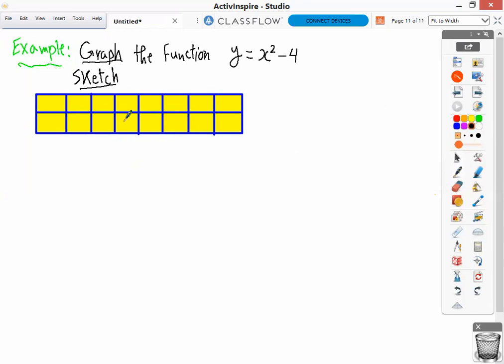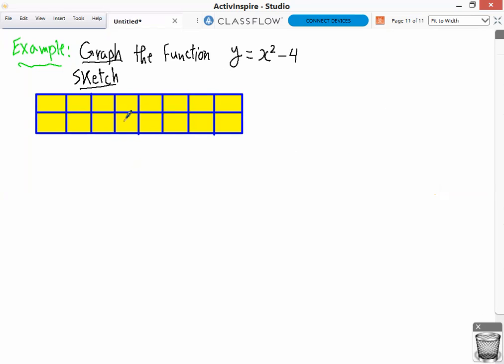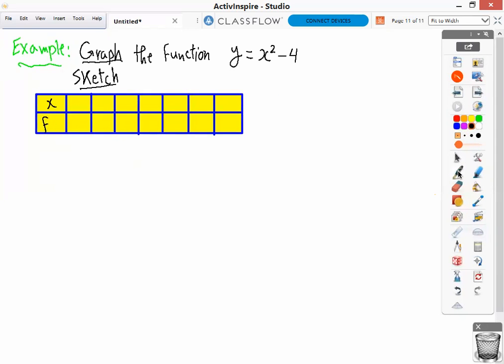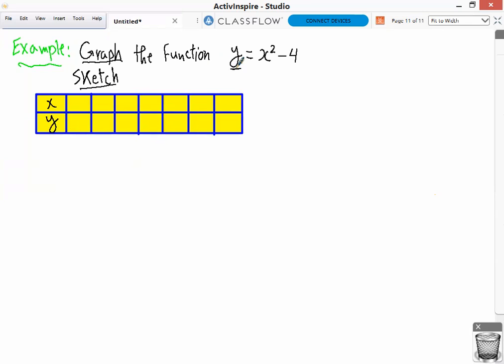Okay, I helped you many times, but later try to choose from your mind. Okay, then about this, it will be x. Here is f of x or y. He put it here y. Okay, here is y, because he names the function y. Then here you can put in the middle what? 0, -1, -2, -3, and 1, 2, 3.